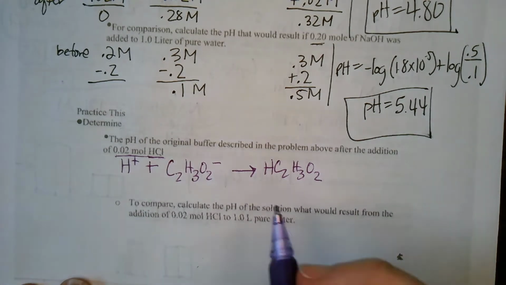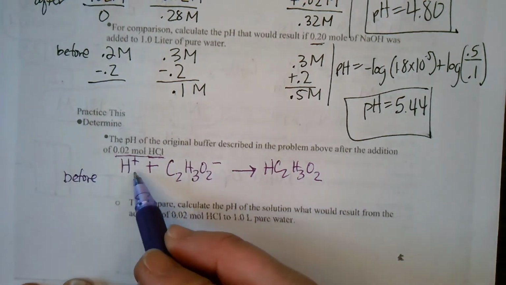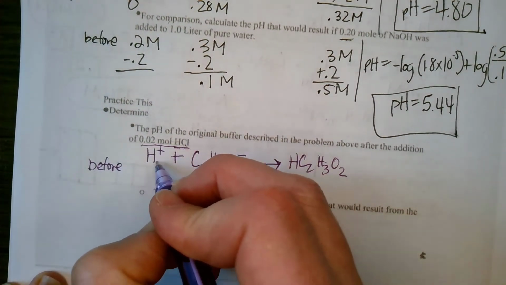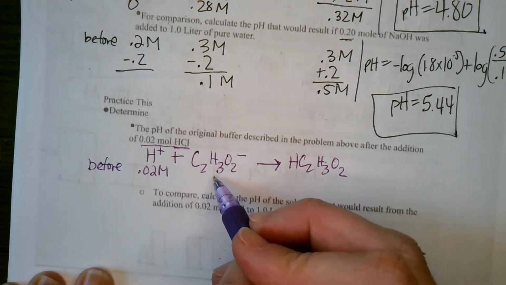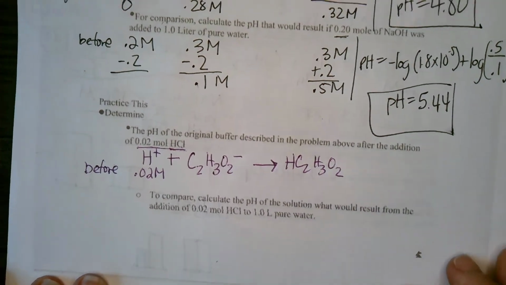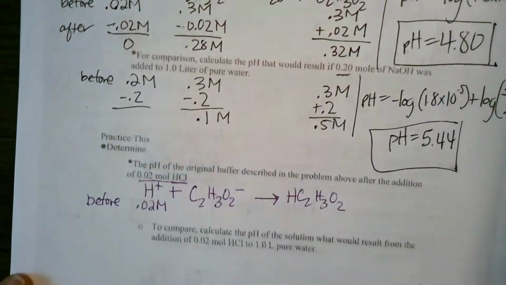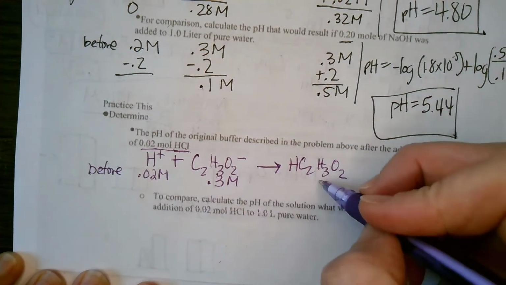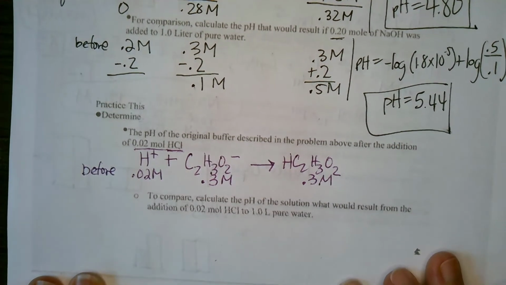Okay, so let's look at what we started with before. I started with 0.02 molar of our H plus. How much of the acetate did we start with? We started with 0.3 moles of the sodium acetate, so 0.3. And we also started with 0.3 of the acid.